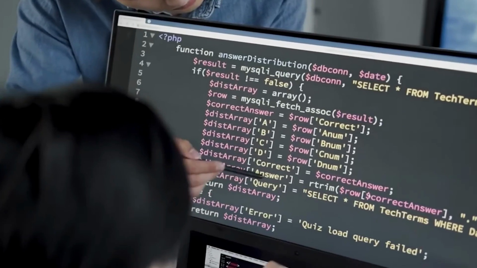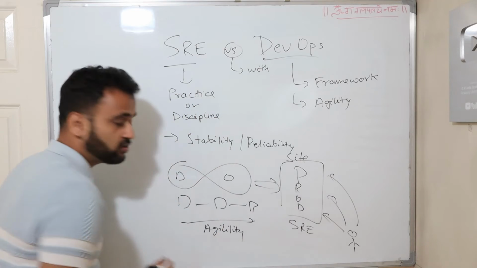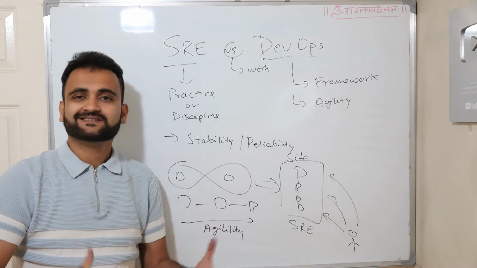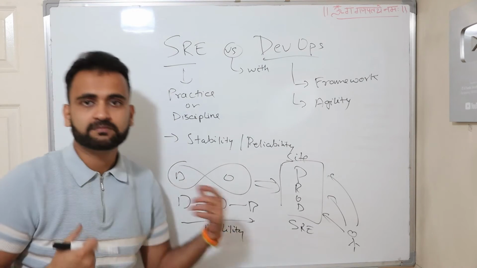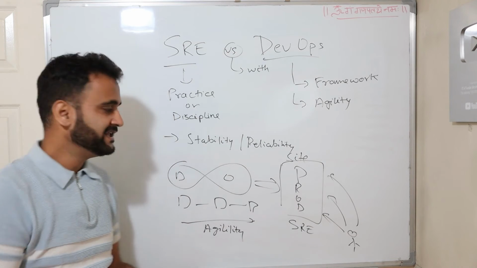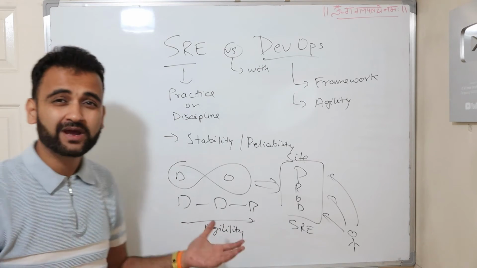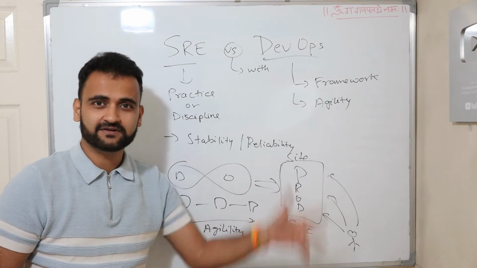So the whole focus of this SRE guy is to manage this particular site. Okay, so both complement each other. There is no versus in here. Okay, so without DevOps you cannot bring new code quickly. Without SRE you cannot maintain the site. Okay, so this is a quick 2 cents from my side on this common confusion, SRE versus DevOps.